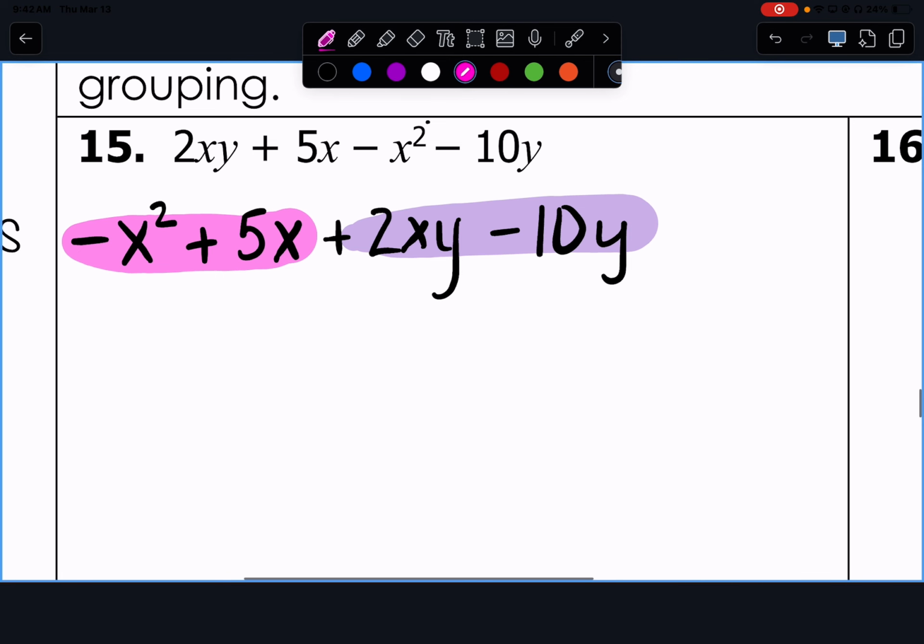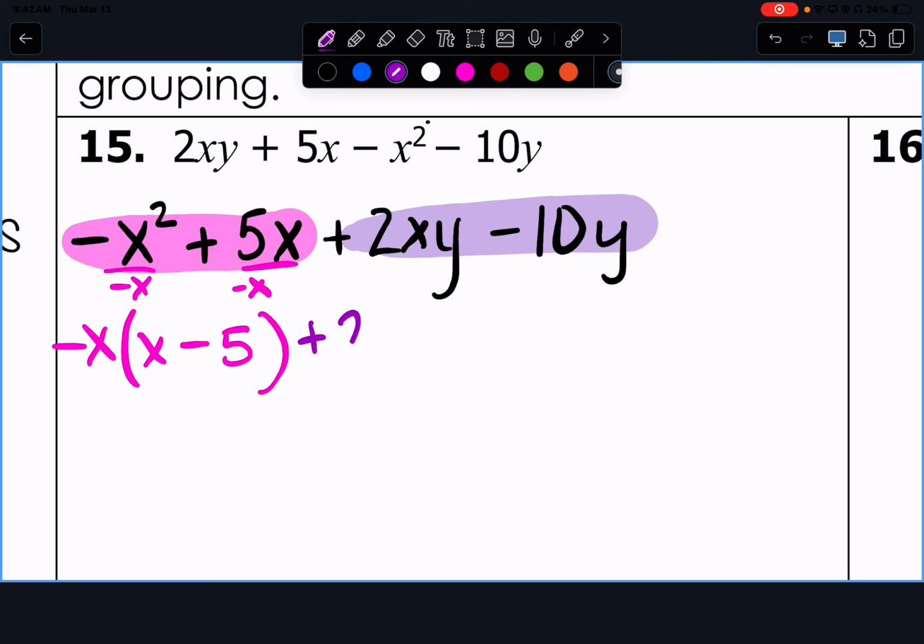All right, so for the first half, what's our GCF? Negative x. When I take out a negative x, what does that leave us with? Minus 5. For the second half, what's our GCF? Is it just 2? 2y.